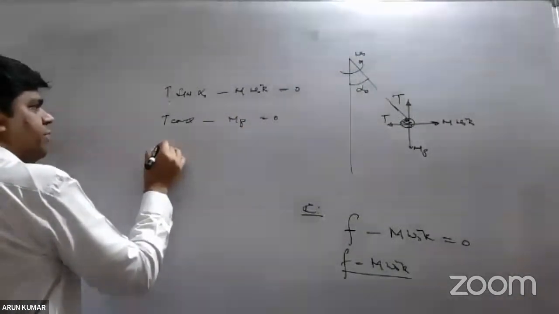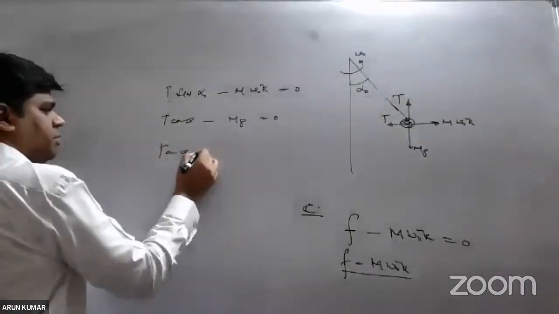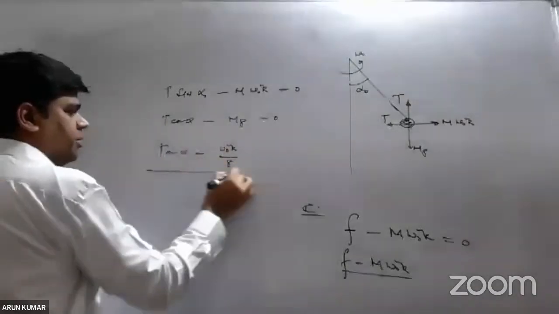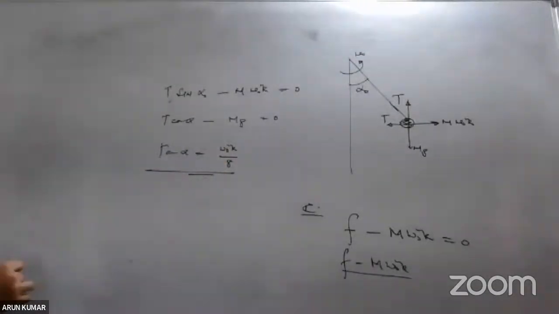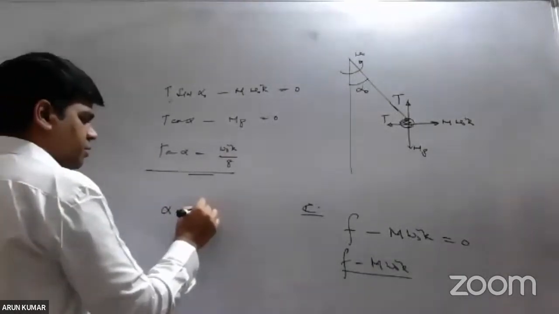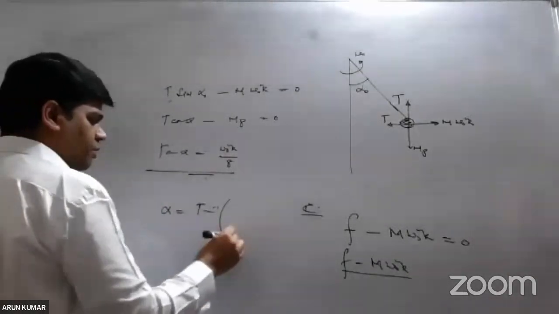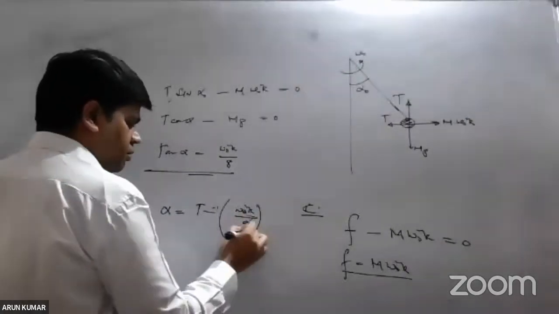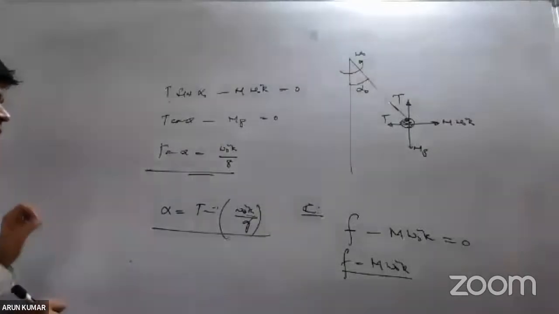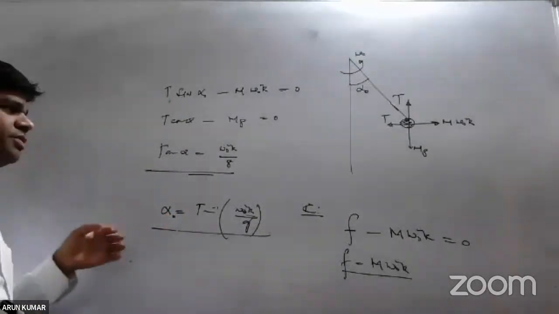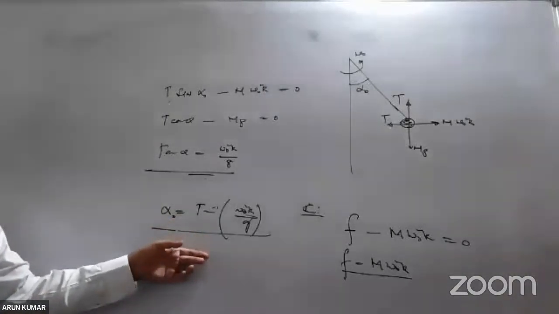So I'll have tan alpha is equal to omega square r by g. So alpha is equal to tan inverse of omega square r by g. That's what we got using ground reference frame as well. But here I'm using pseudo force concept and getting the same result.